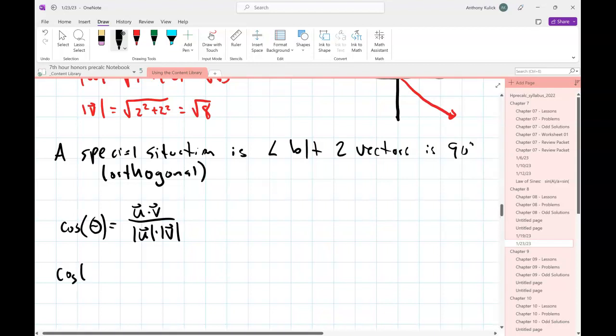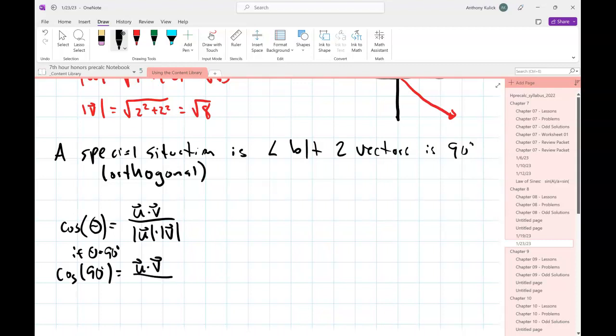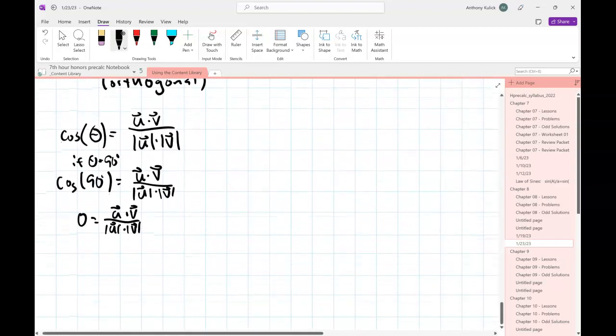So if theta is 90 degrees, what is cosine of 90 again? 0. Yeah, that's 0. And when is a fraction equal to 0? When the numerator is 0. Excellent.